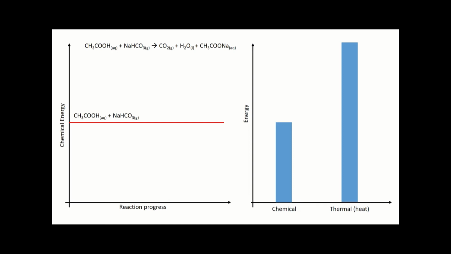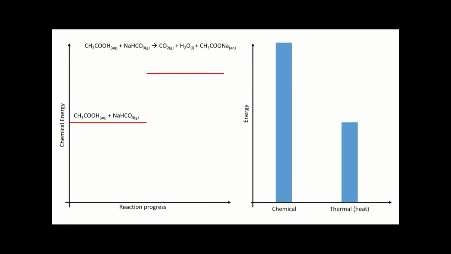This is an endothermic reaction, so if we look at the bar chart on the right hand side, we're expecting the thermal energy to come down and we're expecting the chemical energy to go up. And so in our energy level diagram, we are going to see the line going up as we are gaining chemical energy as the surroundings are getting colder.